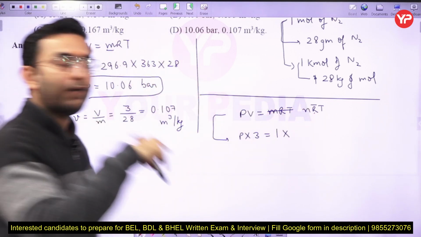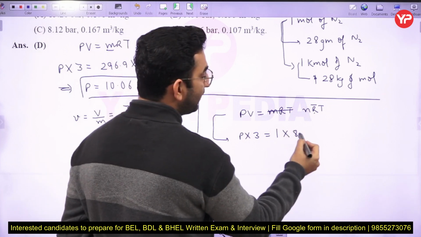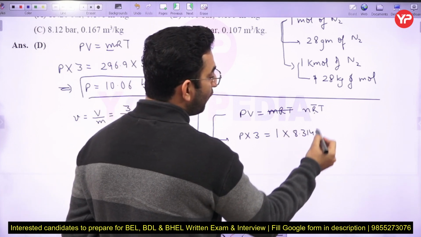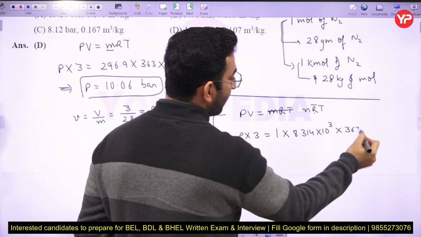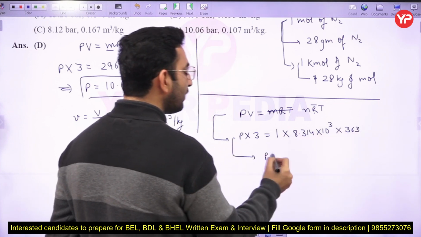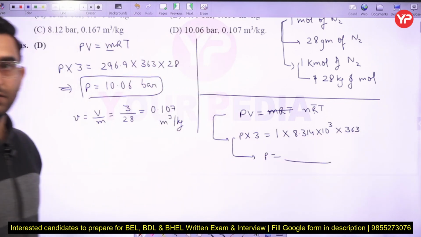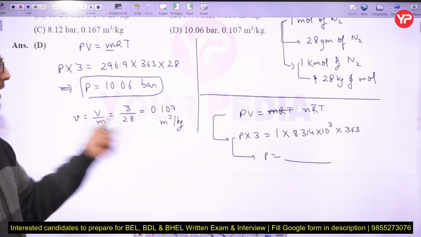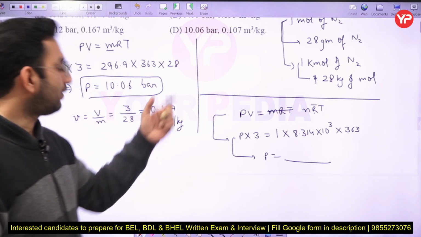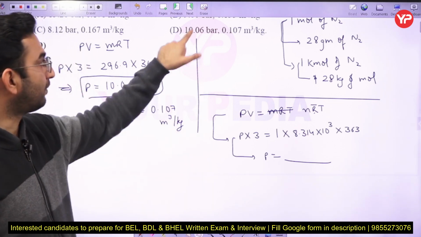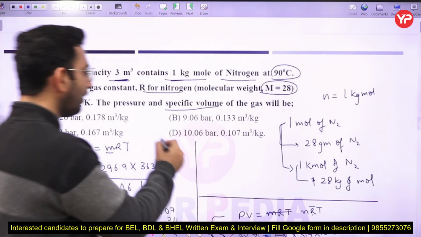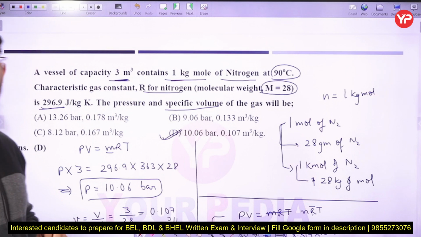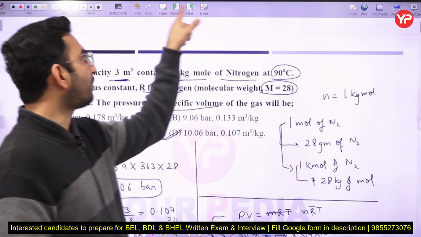Here you have to use the universal gas constant, that is 8.314 multiplied by 10 to the power 3. If you solve this, you will get the same answer. That is the only thing you have to take care of in this question. So the option number D will be the correct answer, 10.06 and 0.107 meter cube per kg.